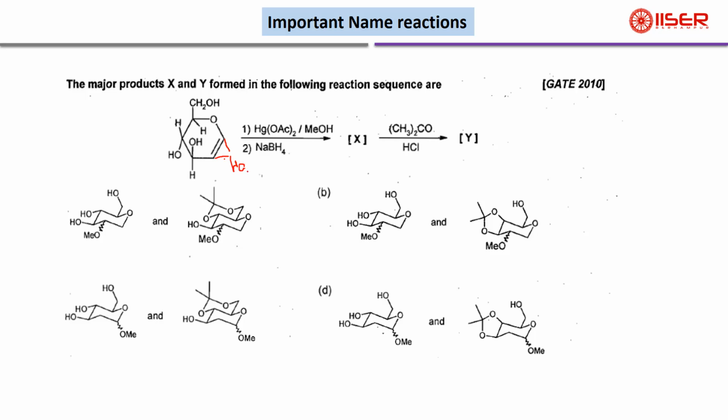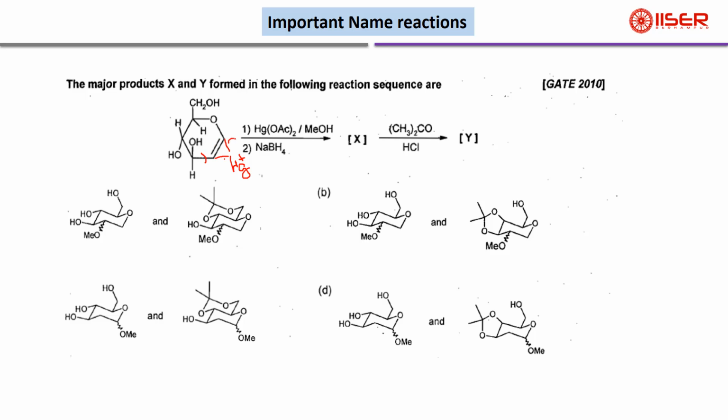Now methanol will attack. Among these two, if the carbocation is generated at this position, it is stabilized by the oxygen atom, and if the carbocation is generated here, it is just stabilized by the plus I effect of this carbon-carbon bond. So obviously the oxygen resonance effect is more than the plus I effect of the carbon-carbon bond.